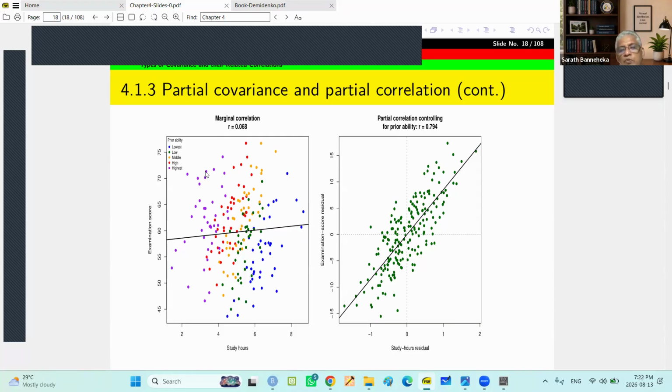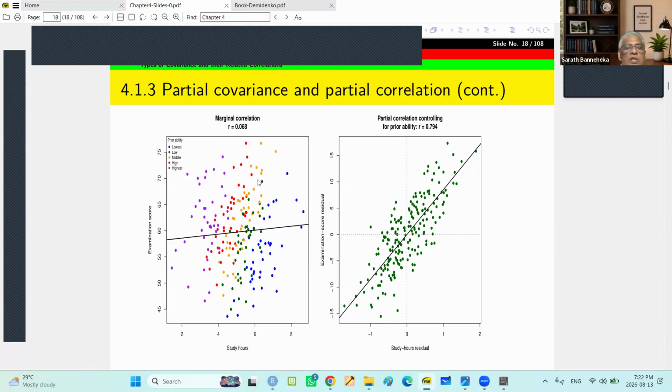Now we can see that if you consider these groups separately, there is a linear relationship between study hours and the examination score for this group, some correlation. And similarly, for these red dots, which is a high ability group, there is a different correlation, and the regression line would be different also. And for this group, there is a different correlation and so on.